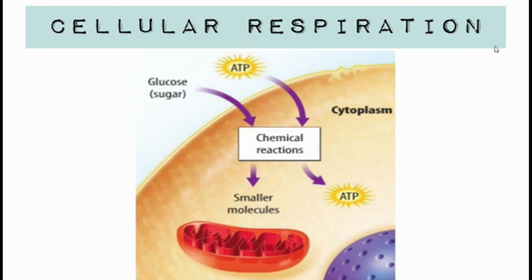Yung glucose or sugar napupunta sa cytoplasm at saka some of the ATP. Sa cytoplasm nagagawa yung chemical reactions. And then yung product niya is yung smaller molecules and then ATP din. Yan po yung glycolysis.